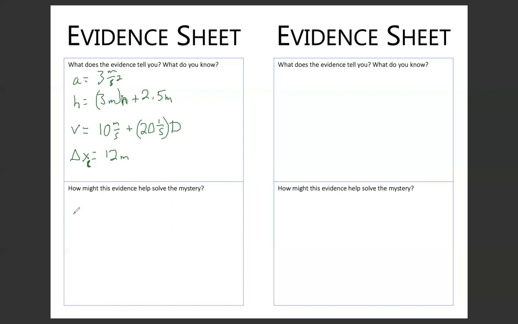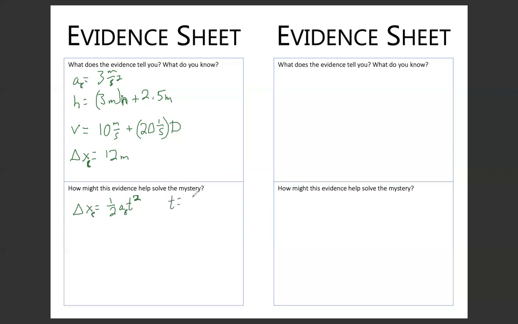Using this, we can figure out a few different things. First, using delta x equals 1/2 a t squared. Because V naught equals 0 if you start at the stoplight, we can plug in the distance the car went and the acceleration of the car, and figure out how much time the car was driving for.